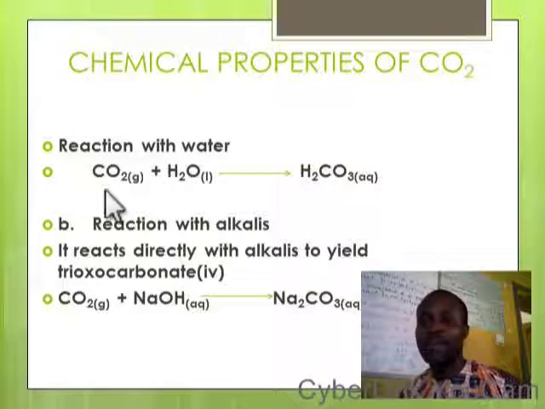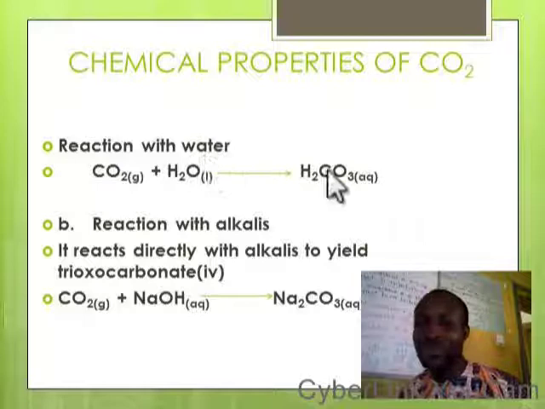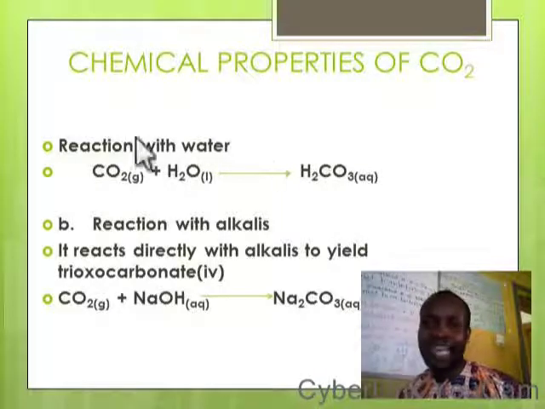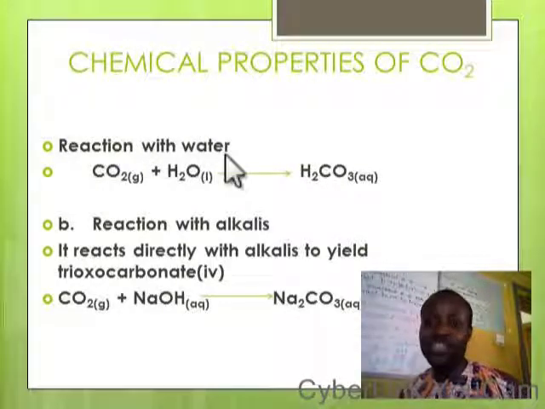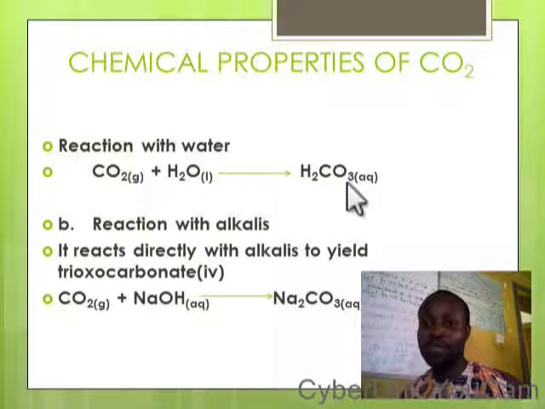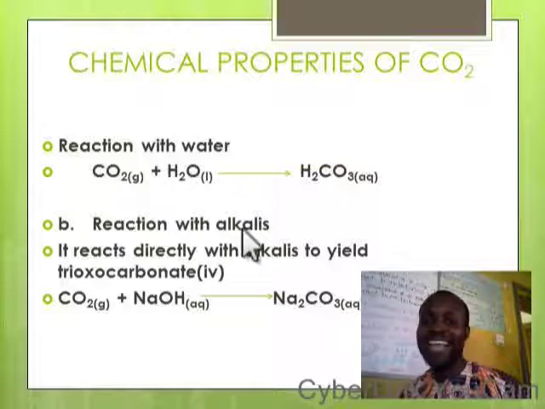Please take note, anytime you are writing a chemical property, write the statement and write the equation. Like I have written my own reaction with water. See, CO2 plus water gives H2CO3. That's carbonic acid.